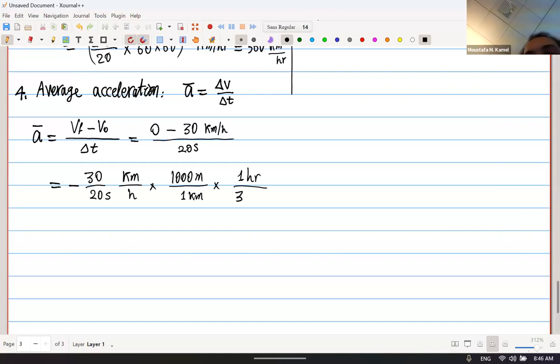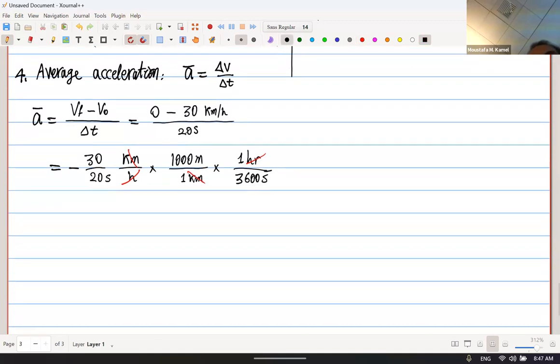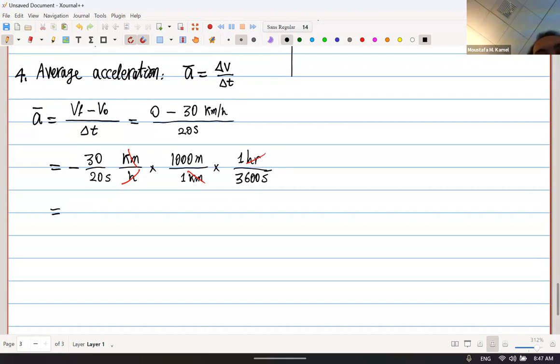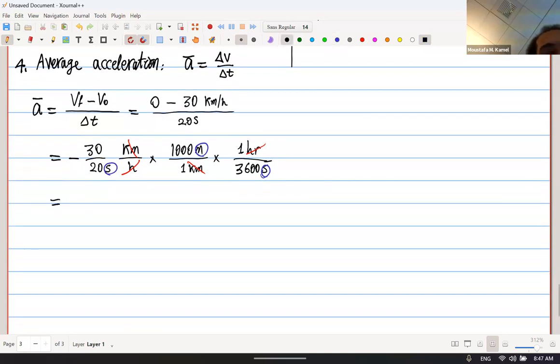So this is just 3,600 seconds in an hour. So as usual, units cancel. And we only get numbers in meters per second per second. So meter per second squared, which is the unit for acceleration.